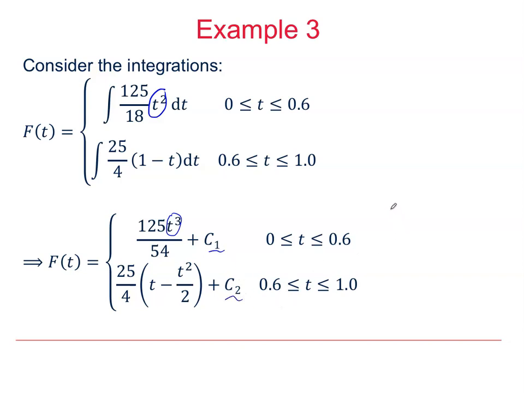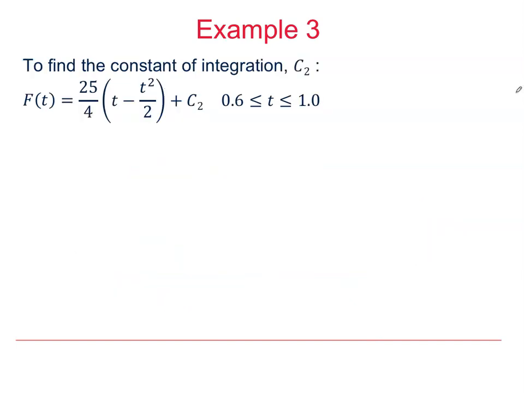Now, if we consider that F of 0 is equal to 0, then it must be the case that C1 equals 0. So that one doesn't take too long to work out, and on the next page we'll look at how we find C2. Pause the video to calculate C2.